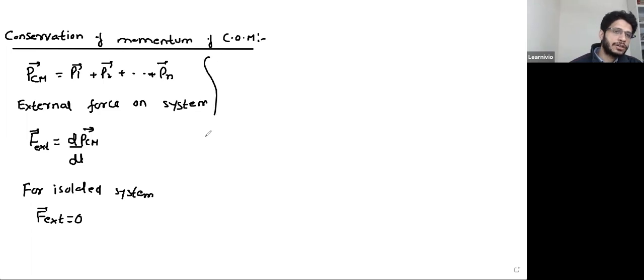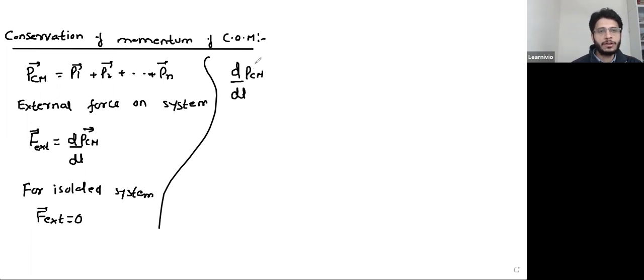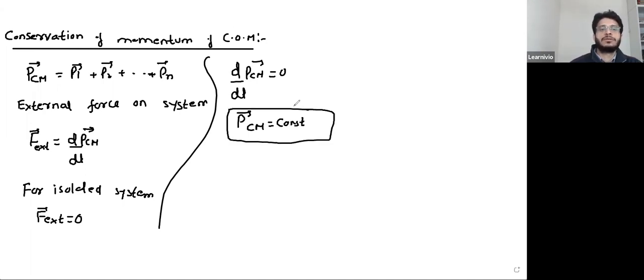If I take an isolated system, then the rate of change of momentum of center of mass is 0. If the rate of change of momentum of center of mass is 0, that means P CM is constant. So this is the conservation of momentum of center of mass.